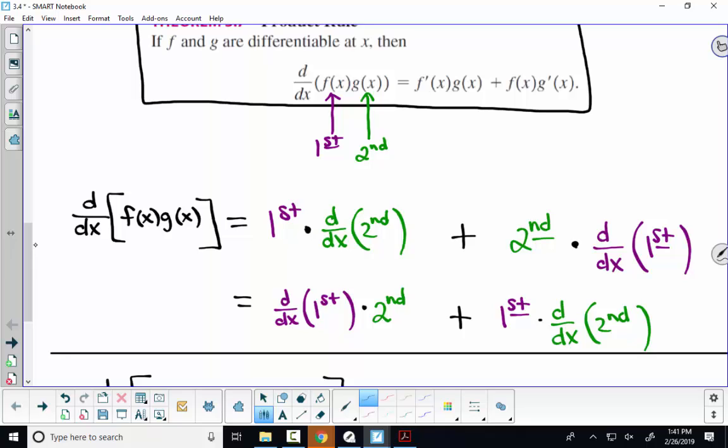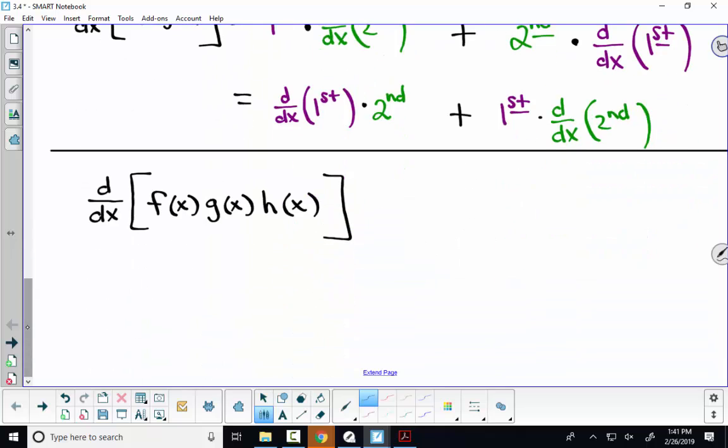It covers 100 functions. It's just the product rule, we look at two functions at a time. However we want to arrange that, we could say that f of x is the first and g times h is the second. Then you've got two product rules ultimately that you have to apply.